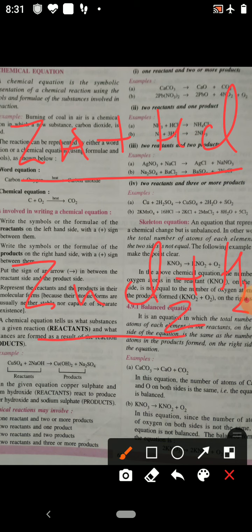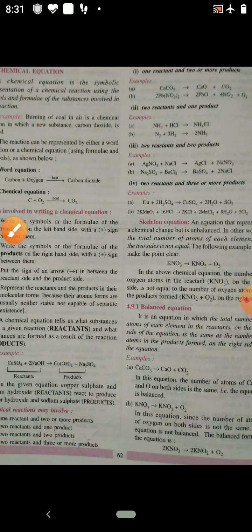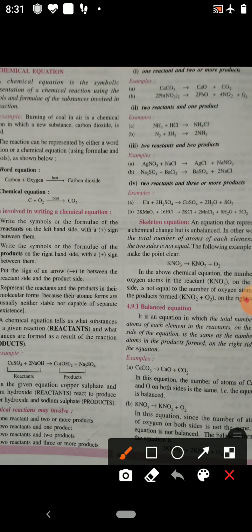Fourth equation is one in which the reactants are 2 but products are 3 or more than 3. Here the reactants are potassium dichromate, K2Cr2O7, and hydrochloric acid.